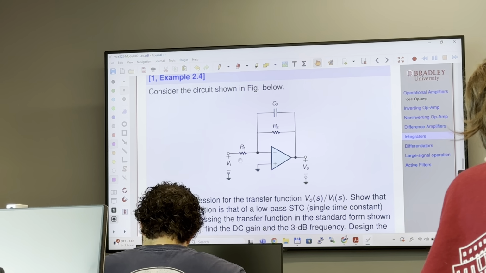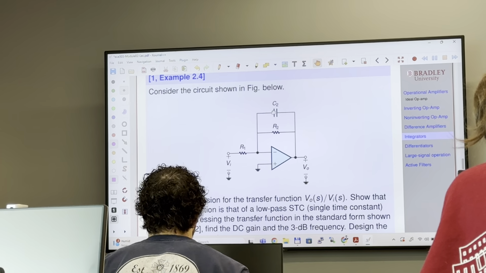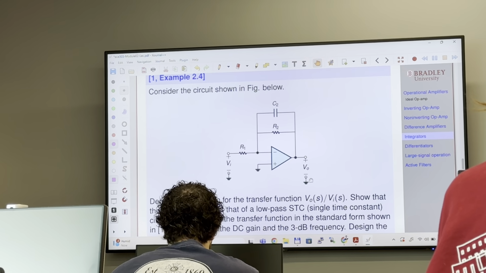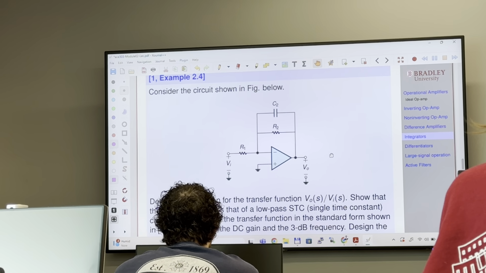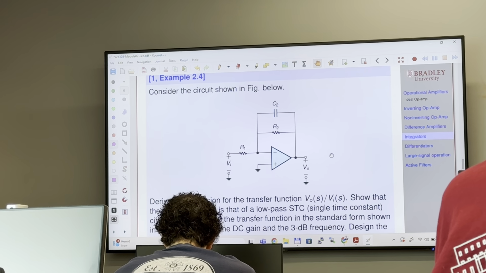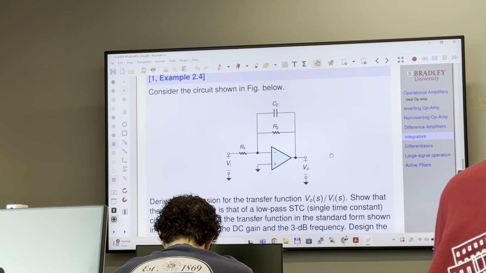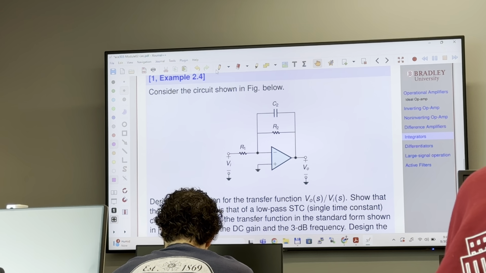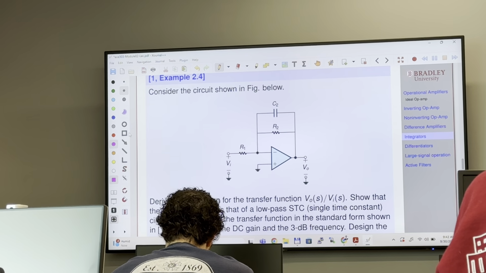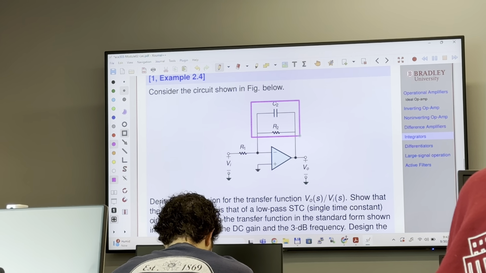This is the input. We have resistance R1, we have a capacitor, we have a resistor, and then we have the output.